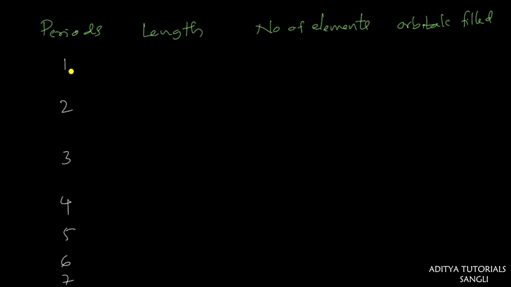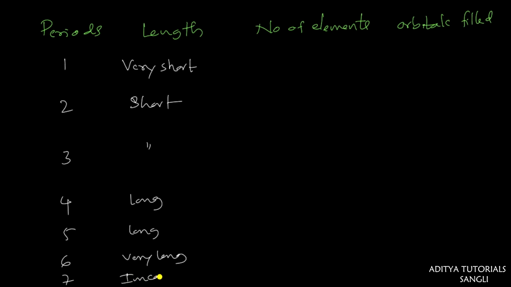The first is very short, the second period is short, the third is also short, the fourth is long, the fifth is also long, the sixth is very long, and the seventh one is incomplete.